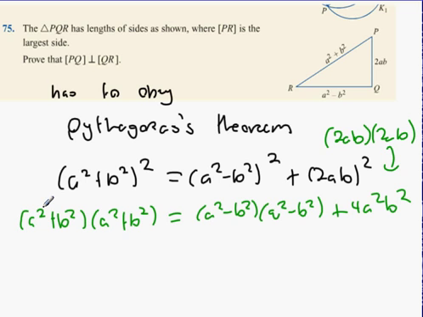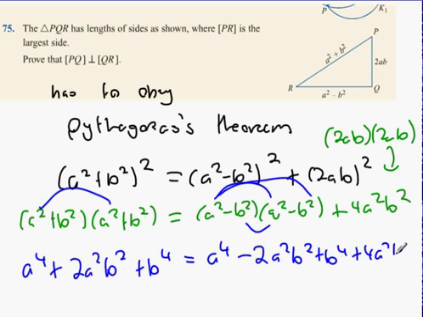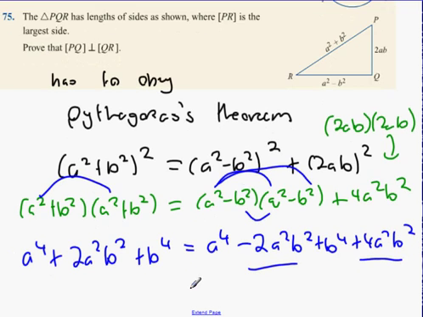Now multiply all that out. a4 plus a squared b squared plus another a squared b squared gives me 2a squared b squared plus b4 equals a4 minus 2 times a squared b squared, because it's going to happen twice, plus b4 plus 4a squared b squared.